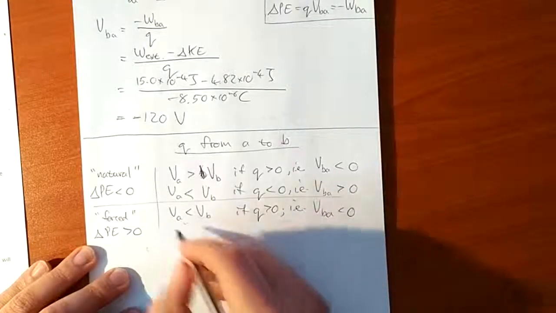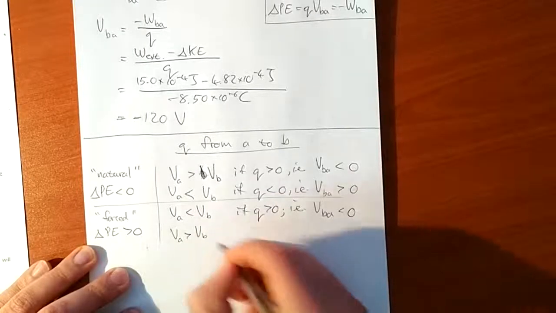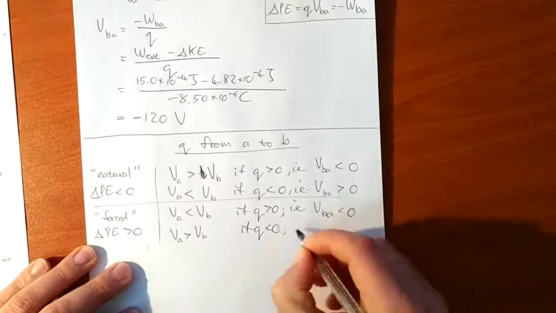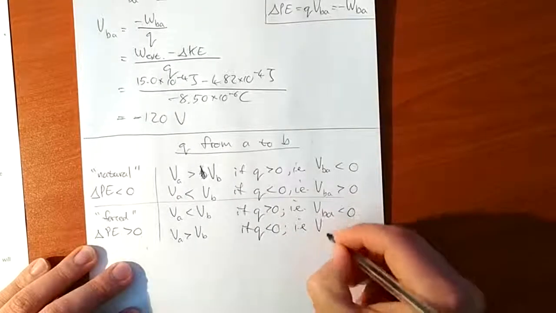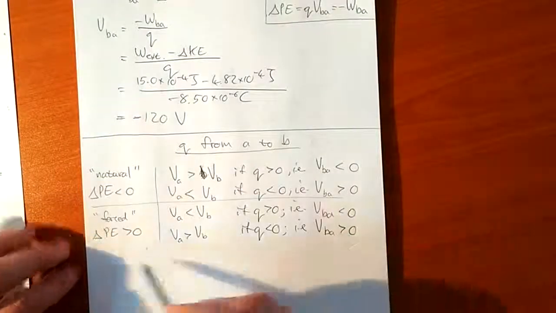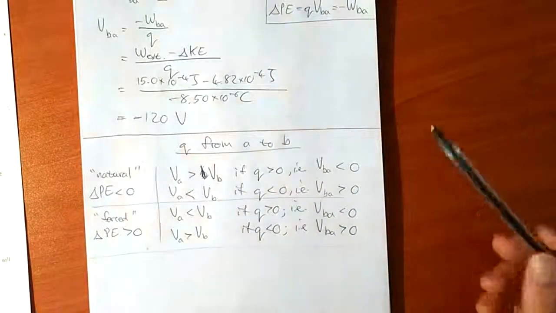And if it's a negative charge, then it's a higher potential to lower potential. Okay, so this is pretty much a diagram for the entire situation.